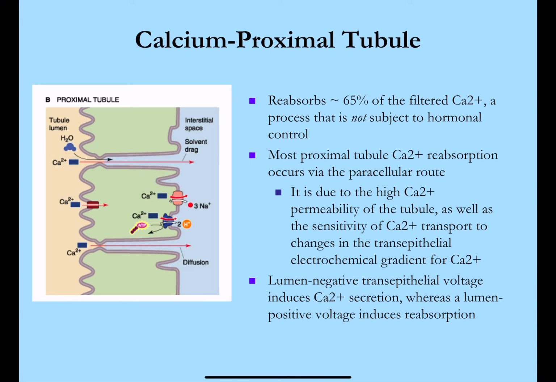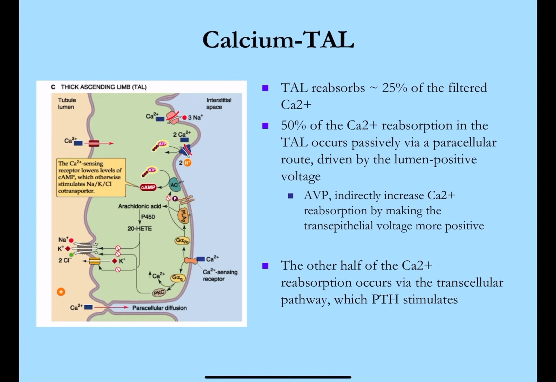So this happens in the proximal tubule. And when we get to the TAL portions, we said another 25% can be reabsorbed over here. Again, you can see it passes through the paracellular way and also can come into the cells like that. But please note, about half of calcium reabsorption happens through the paracellular pathway.